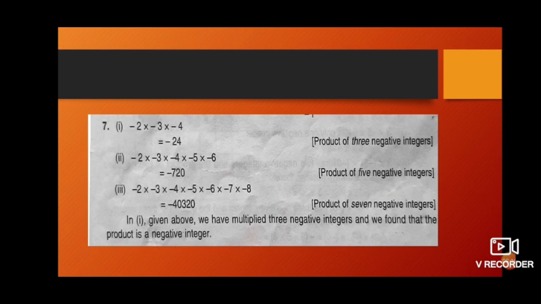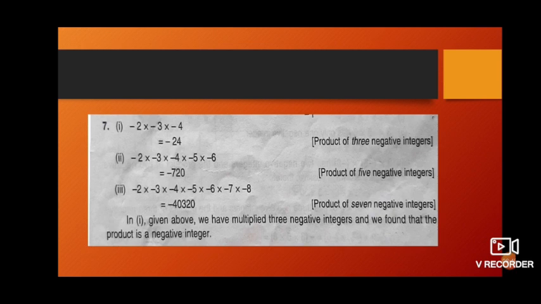We get a negative again. Again I multiply 5 negative numbers: minus into minus plus, plus into minus minus, minus into minus plus, plus into minus minus. The result is again a minus. Again I will multiply 7 negative integers, and again the result will be minus, children. If you want, you can check.